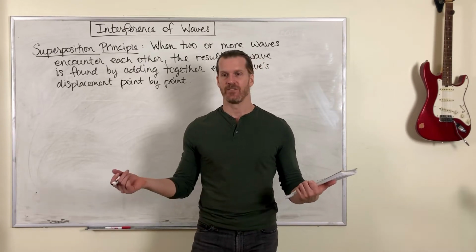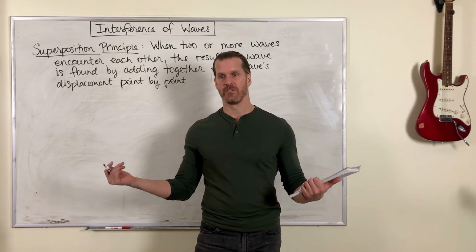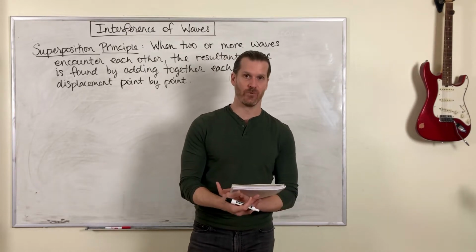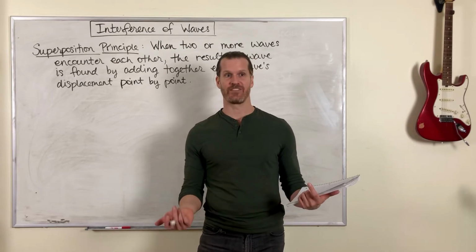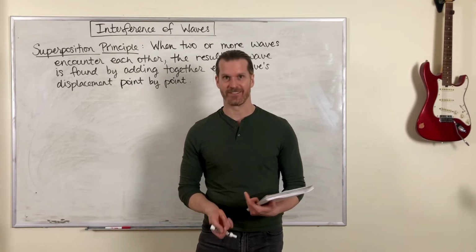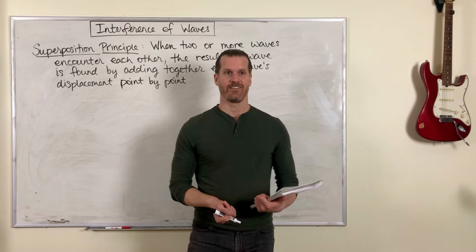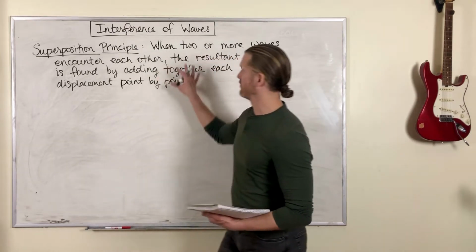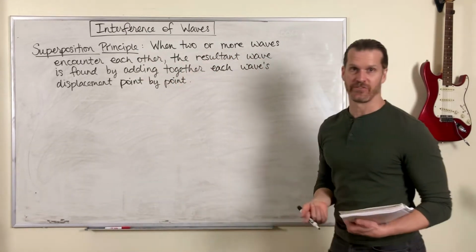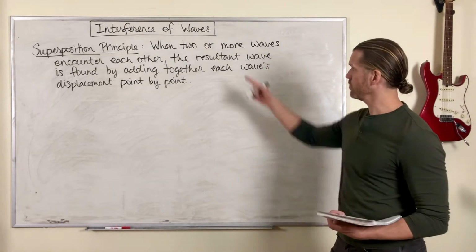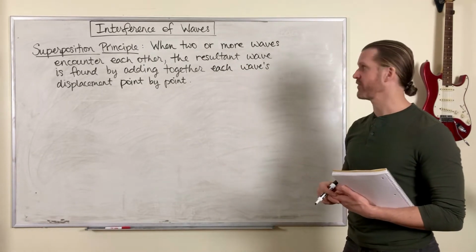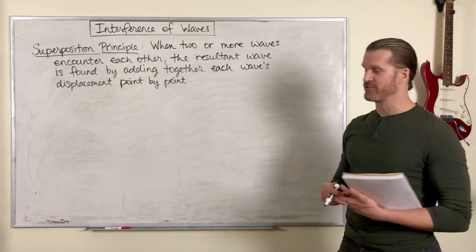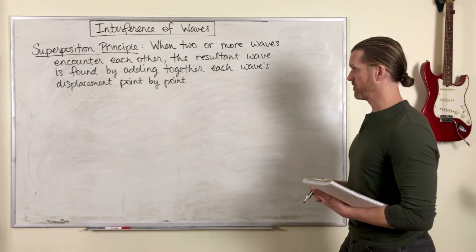And when they do so, they pass through one another without affecting or destroying themselves. This is described by what's known as the superposition principle. When two or more waves encounter each other, the resultant wave is found by adding together each wave's displacement point by point.